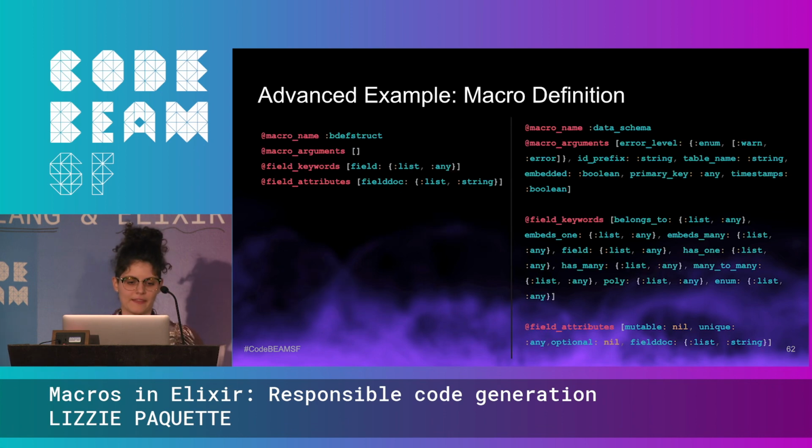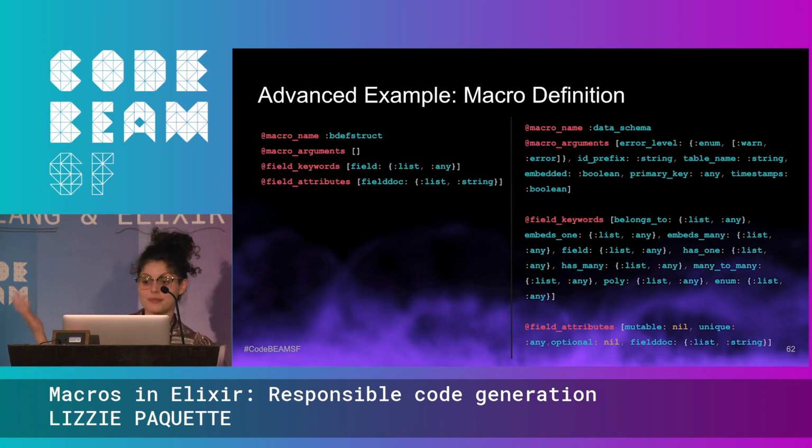So I have an example. For the struct definer, you can see it's pretty simple. It takes no arguments. And this way of specifying type is specific to Optimal, the open source library we're using, so it's a little verbose, but it works for us because not that many people see this code. Field keywords, just field. Field attributes, field doc.